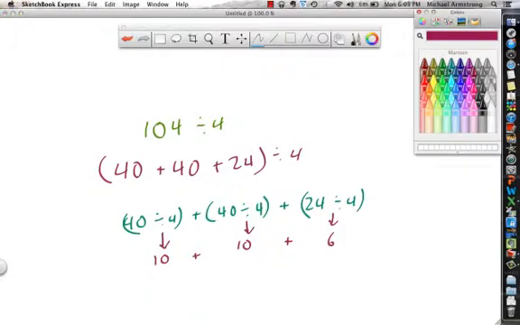And you add them all up, and you get 26.